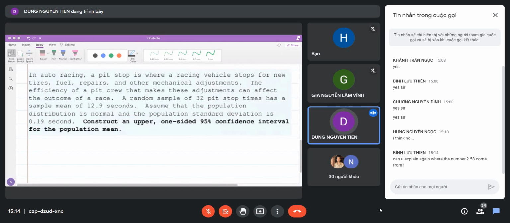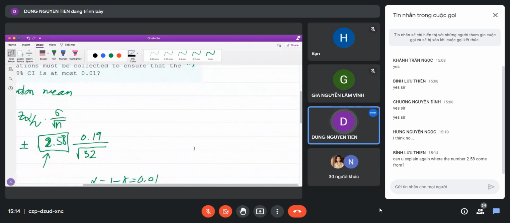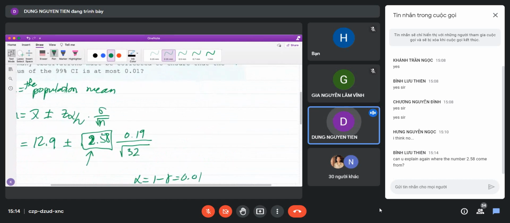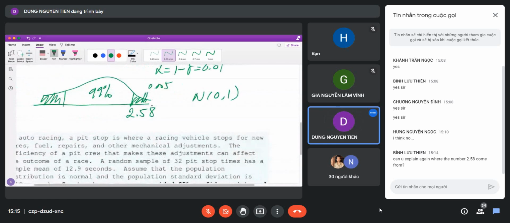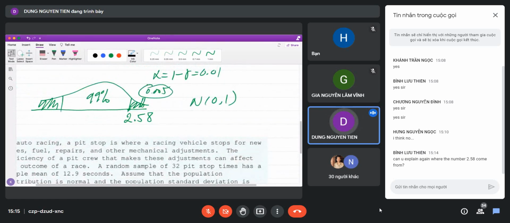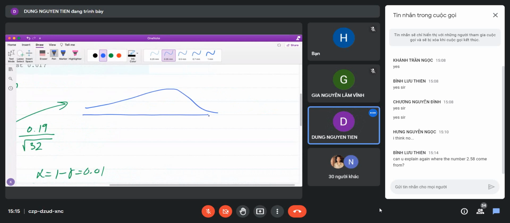Explain again the number 2.58. Well, for the value 2.58, please turn on your microphone, because maybe I may miss your comments. For this value, you can see that over here the area to the right is 0.005, and this is 0.995.